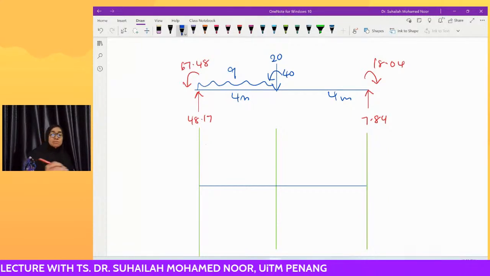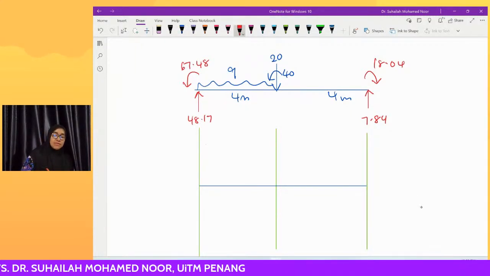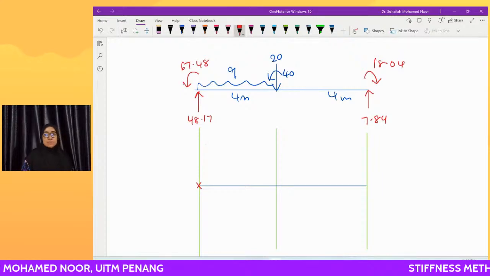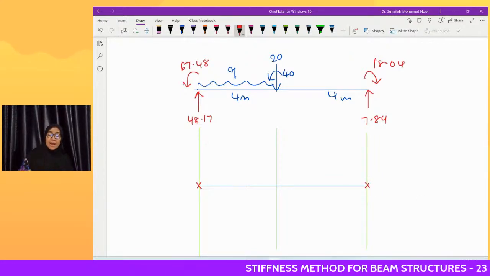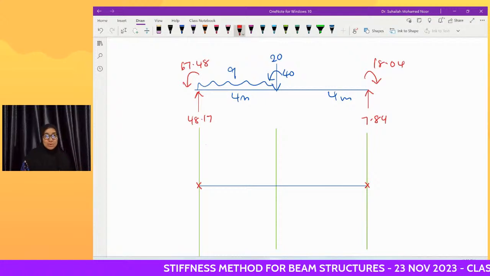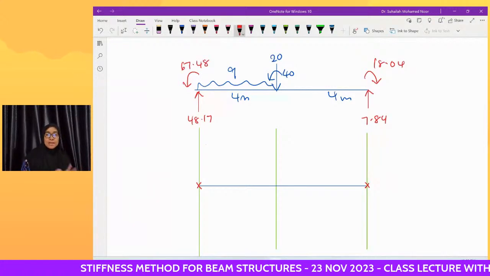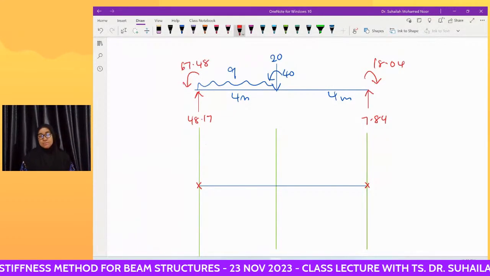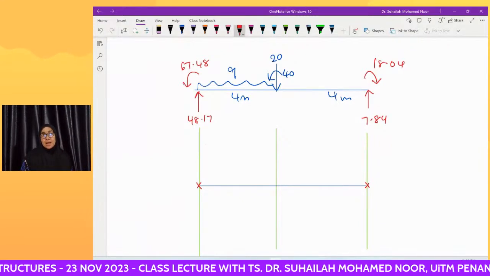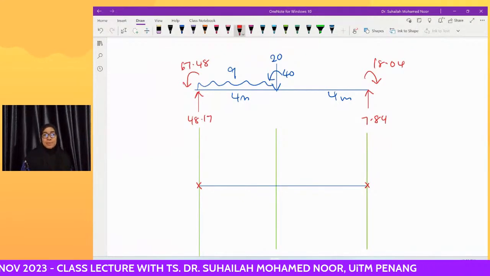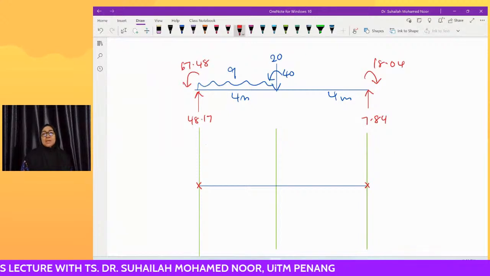The first point is zero, and the last point is also zero. That's the concept of the diagram, because the system is in equilibrium, right? That is why it must close the loop.